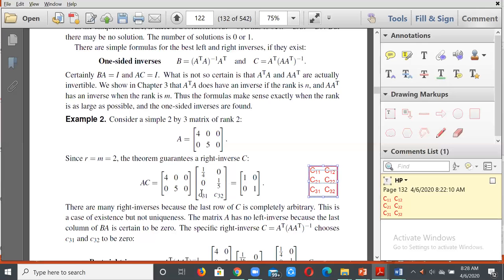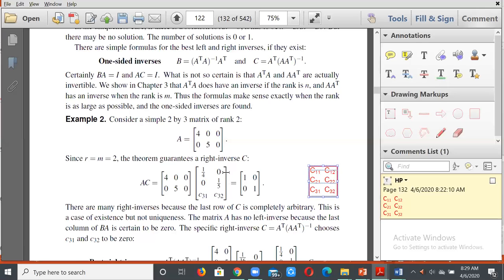Then we can leave C31 and C32 as they are because we can't find them straight away, so they can take any values. So there are many right inverses because the last row of C is completely arbitrary. You can take any value for C31 and C32, and thus we can find the matrix C with arbitrary values there.